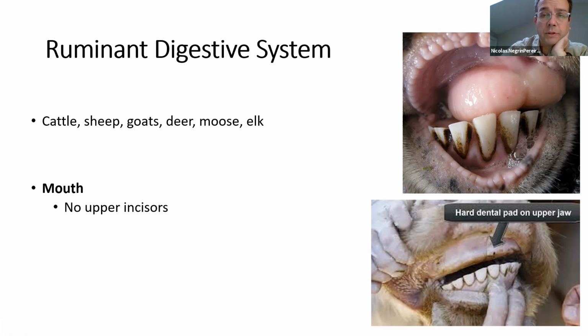Remember, we're talking mainly about herbivores. But they present very well developed and characteristic molar teeth that are prepared for grinding. Remember that one of the main characteristics of ruminants is that they are able to ferment and digest cellulose and hemicellulose.